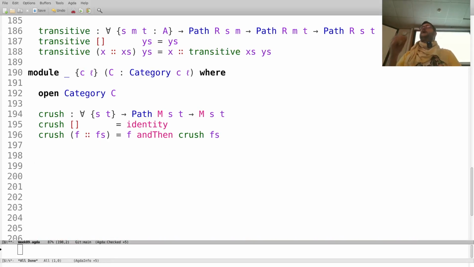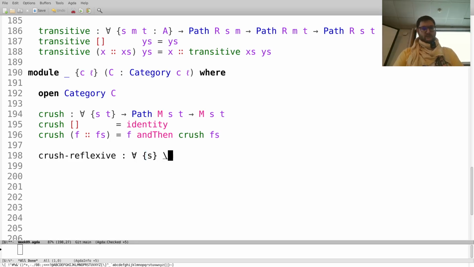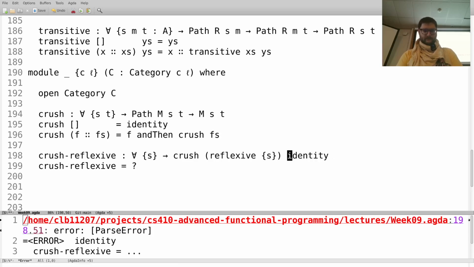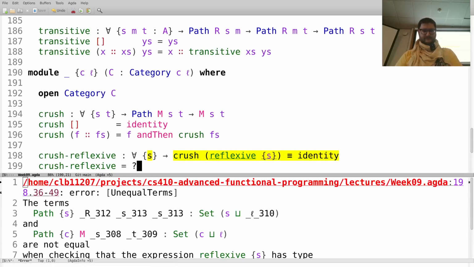And just like we were able to prove that crush of the emptiness is the neutral, we can prove crush reflexive. So crush of the proof of reflexivity is the identity. I'm still writing the same program.